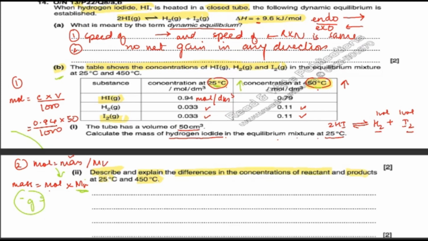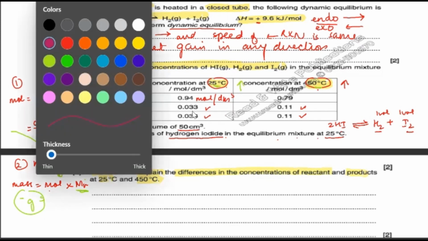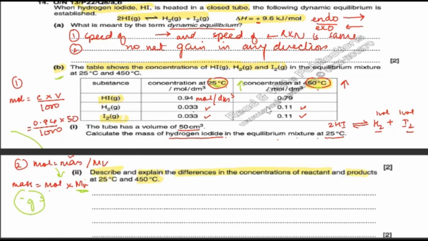When there's an increase in temperature, from 25 it's moving to 450 degrees Celsius, the temperature has increased a lot, but what is the impact on the concentration? Is it increasing or decreasing? The concentration of the product is increasing. This is your reactant, these are your products, okay? So we can see that the concentration of the product is increasing, and the reactant is decreasing.